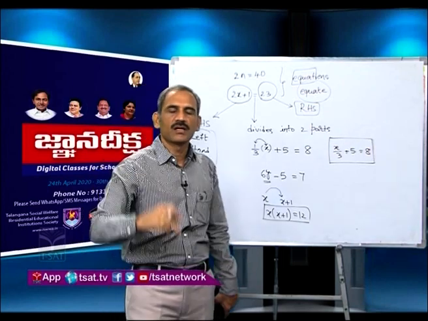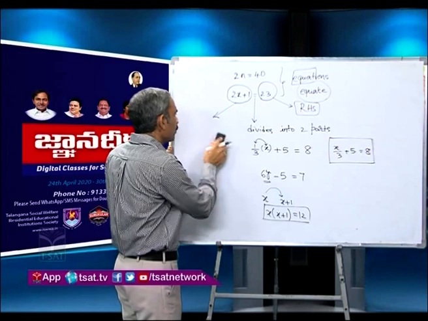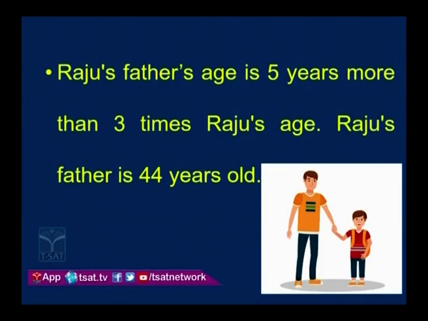Then if you see the other example, there are two persons, Raju, the kid, and his father. Here we can find the relation between their ages. Raju's father's age is 5 years more than 3 times Raju's age. If you read it the first time, you may get confused, but if you read twice or thrice, you can understand it very easily, right.